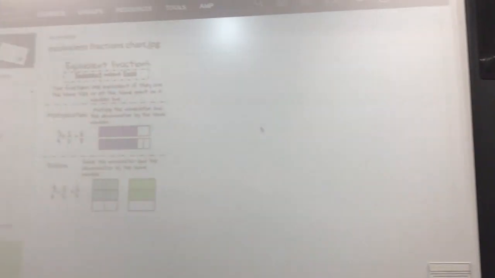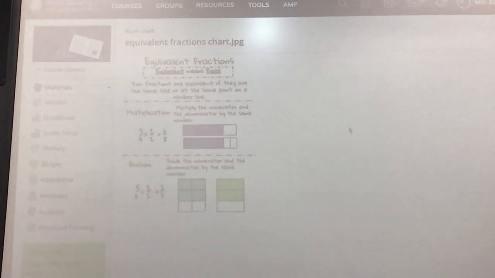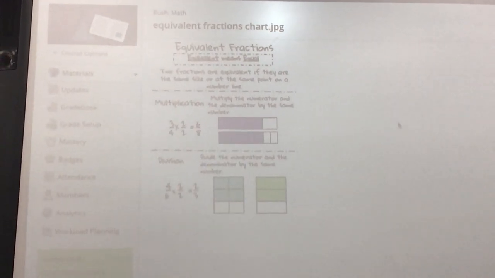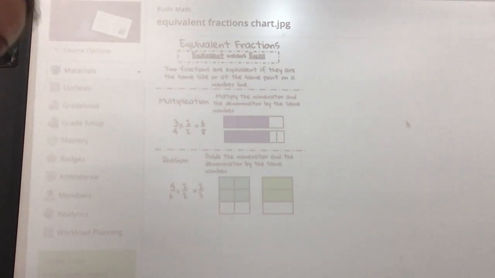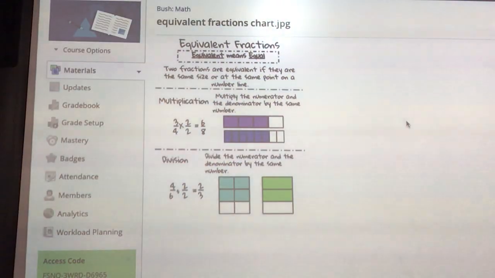Actually, I want to go back and point out something to you guys on the board. On Schoology, while you guys are doing your homework, if you're getting stuck, I put this image on Schoology. Malia, will you turn off the left light? Yeah. And this image has some helpful notes for you. It tells us what an equivalent fraction is, that it means equal. Two fractions are equivalent if they are the same size or at the same point on a number line.